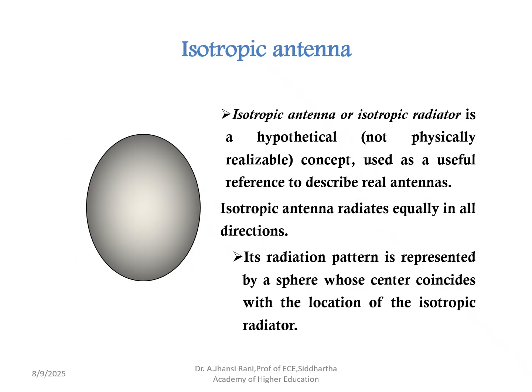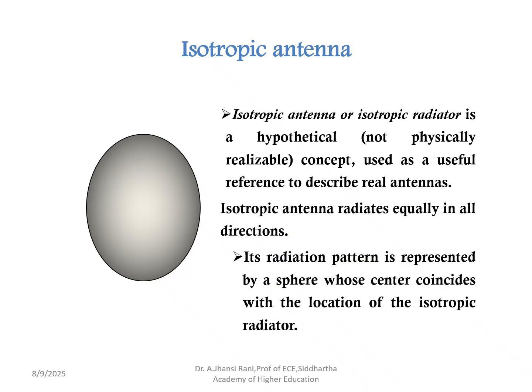This is the isotropic, or hypothetical lossless antenna. It is called the isotropic antenna, isotropic radiator, or hypothetical antenna, which cannot be physically realizable. But we compare the performance characteristics of all antennas with this antenna.